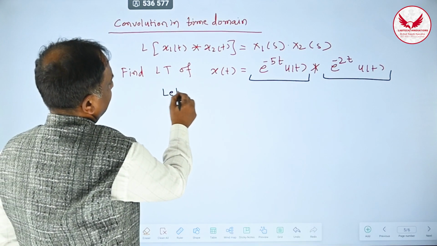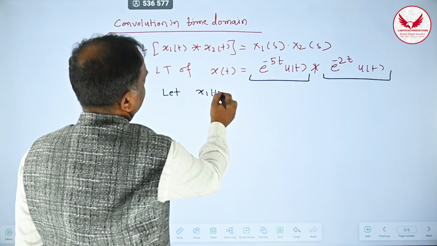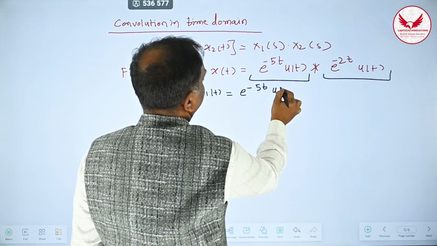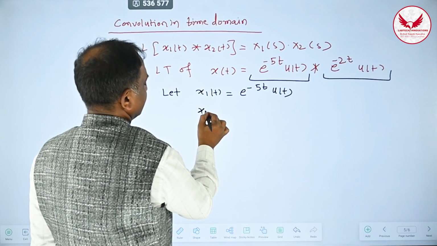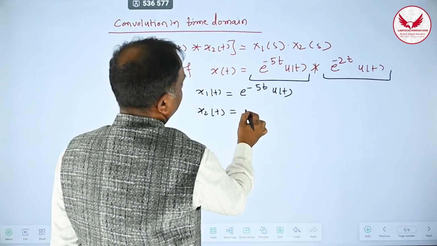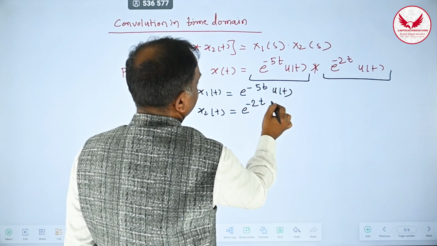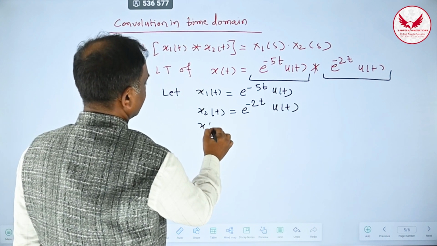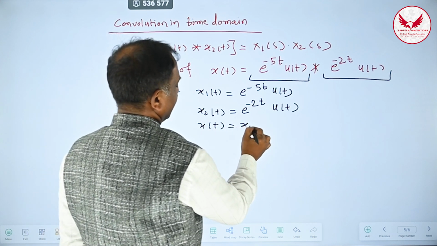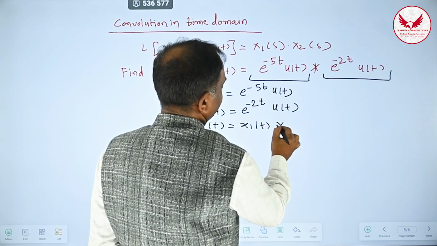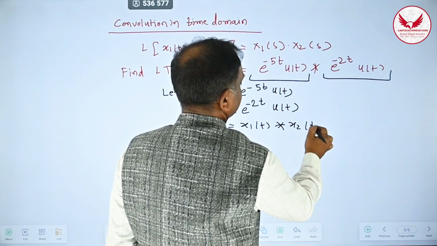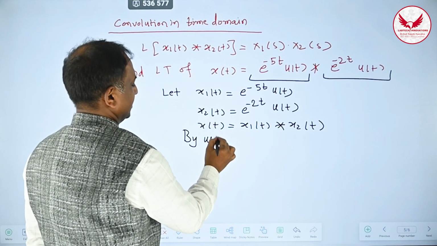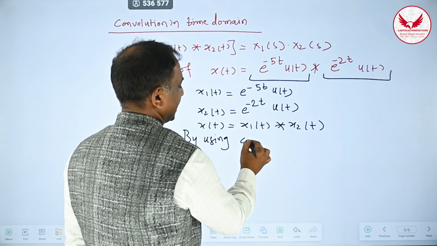Let x1 of t be equal to e raised to minus 5t into u of t, and let x2 of t be equal to e raised to minus 2t u of t. Now you can write x of t is equal to x1 of t convolved with x2 of t. Now write by using the convolution in time domain property.